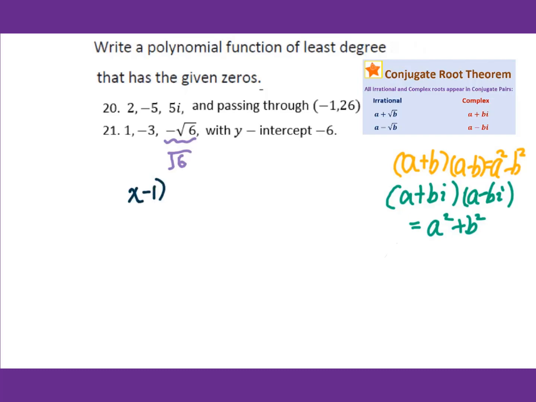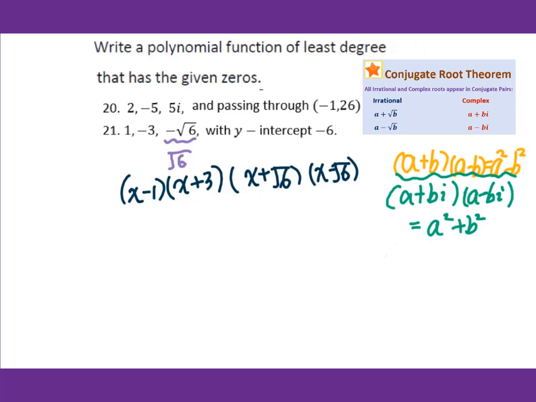We get x minus 1 times x plus 3. Then x plus square root of 6 times x minus square root of 6. According to this conjugate multiply formula, we know these two give x squared minus 6.